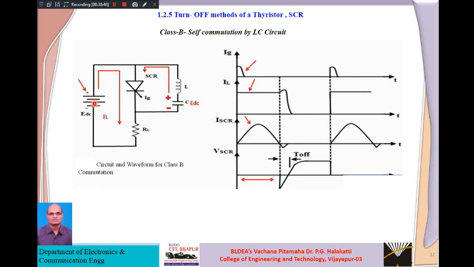Once you apply the plus and minus forward biasing voltage, the SCR will not be turned on suddenly.